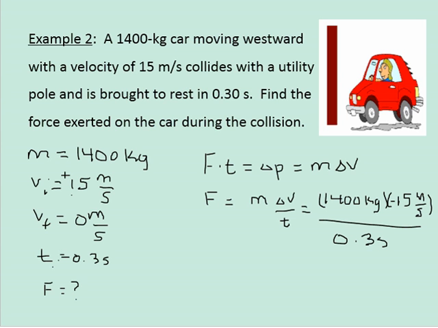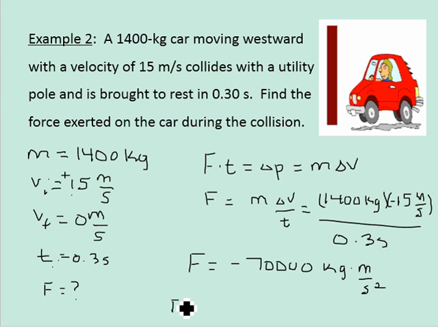So if I plug in all my values, I get my force is equal to minus 70,000. And again, kilogram meters per second divided by another second gives me kilograms times a meter divided by a second squared, which is coincidentally a Newton.